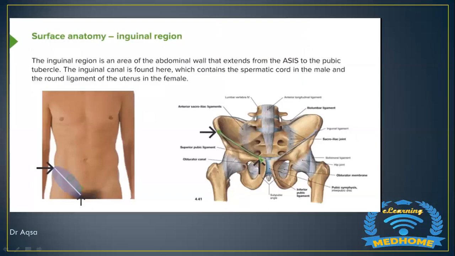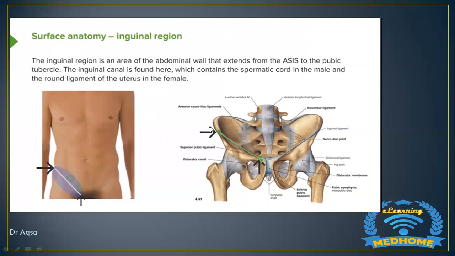Now, what is the inguinal region? The inguinal region is basically an area of the abdominal wall which extends from the anterior superior iliac spine to the pubic tubercle. If you look here in the diagram, this is the anterior superior iliac spine and it is going up to the pubic tubercle.